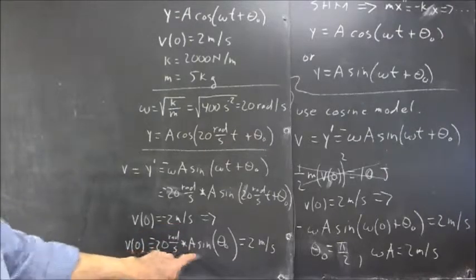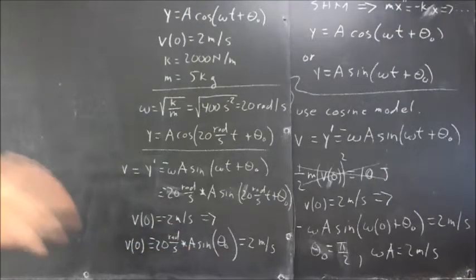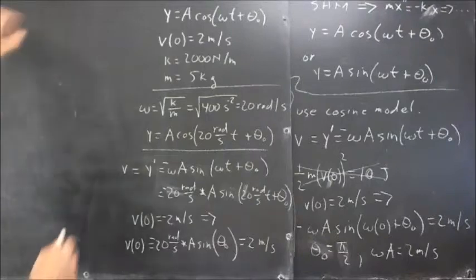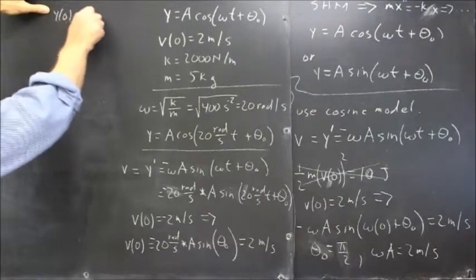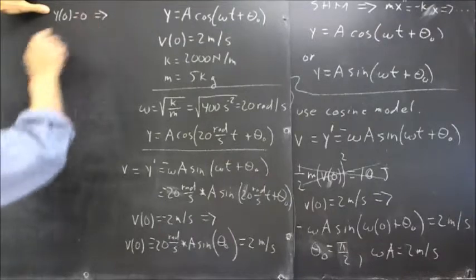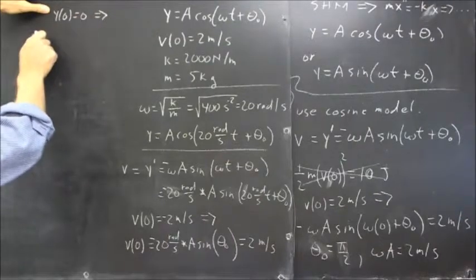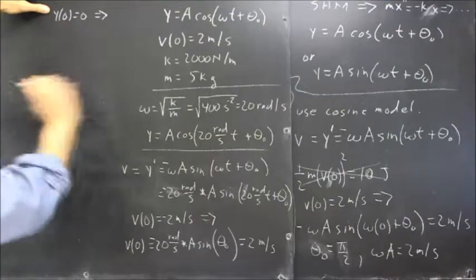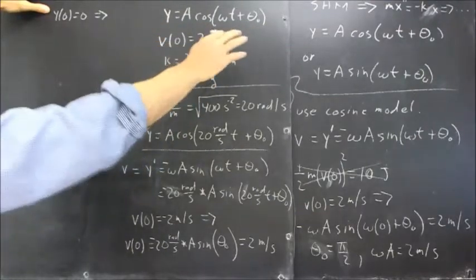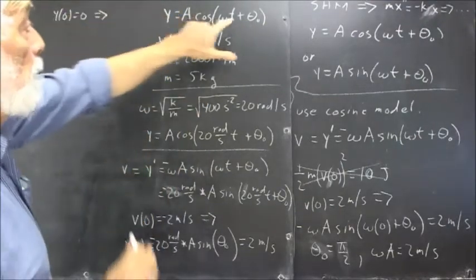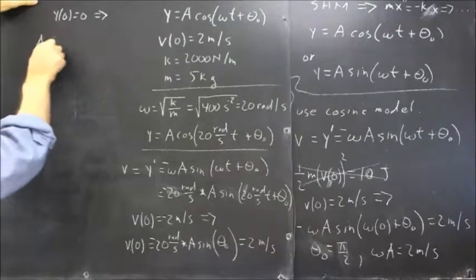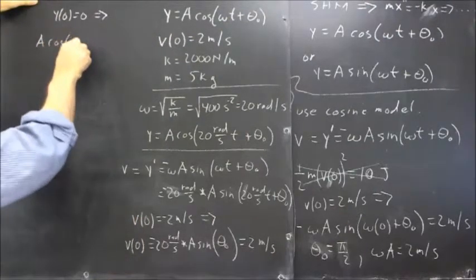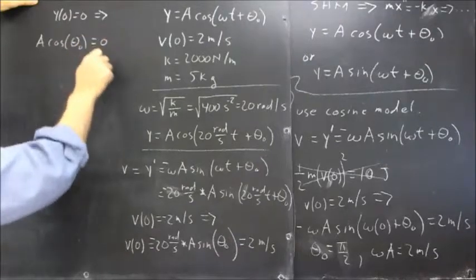We have two unknowns. We have A and theta naught. We have another initial condition. We have that y of 0 equals 0, which implies that A cosine of omega t plus theta naught is 0 when t is 0. So that implies that A cosine of theta naught equals 0.